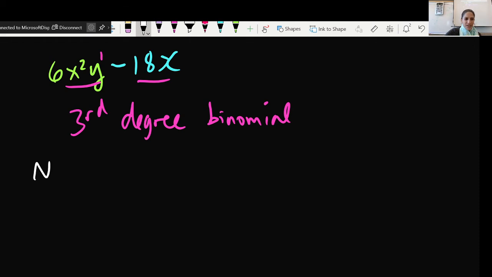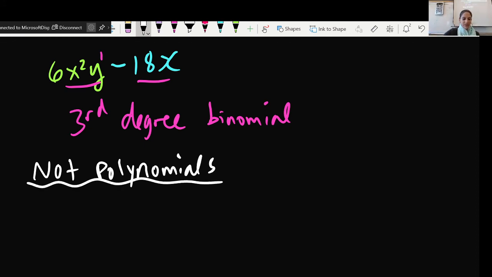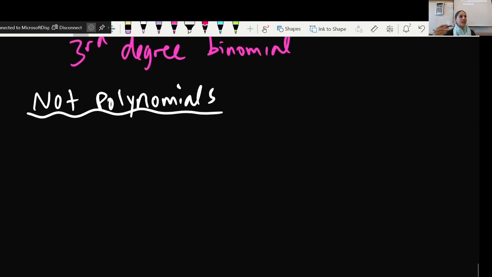I'm going to show you stuff that are not polynomials because this can be confusing. So in order for it to be a polynomial, we have coefficients, we have variables, we have little exponents at the top, we have plus and minus signs in between. But if we have x to the negative 2, so if we have a negative exponent, that is not considered a polynomial. That's considered something else that we won't talk about yet.